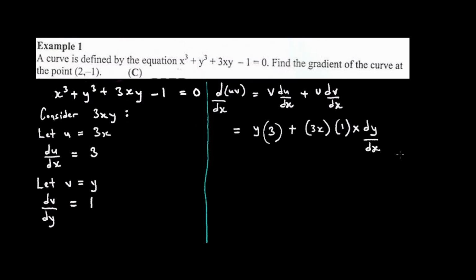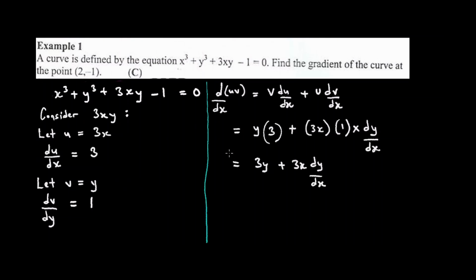Very important. So the part where we put dv/dy, which is a derivative done on y, we are going to multiply that with what? dy/dx. And this is very sacrosanct, very important. Okay, so our final answer here is going to be 3y plus 3x dy/dx.